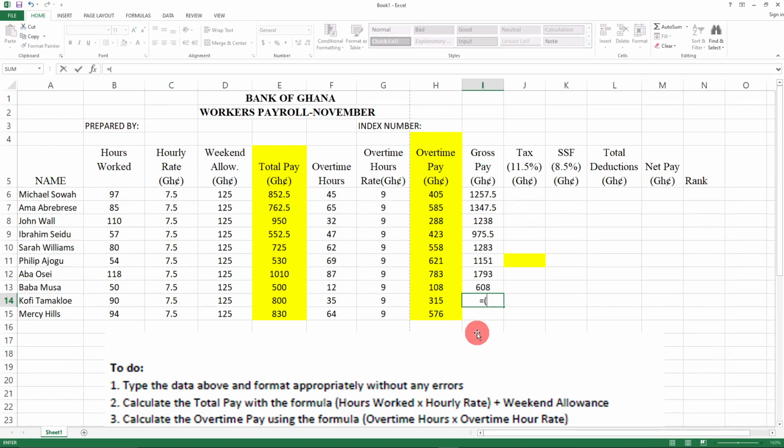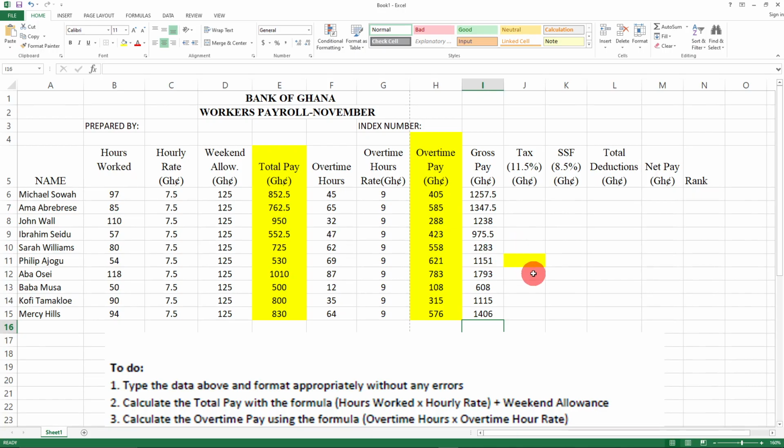So E14 plus H14, and the last one is E15 plus H15. All right, so we are done with the gross pay.